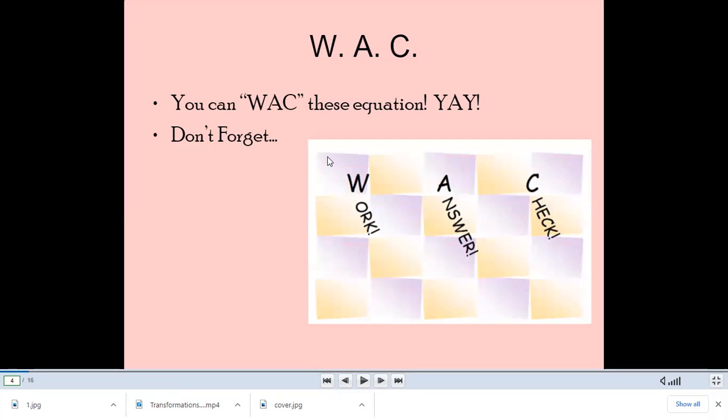W for work, A for answer, C for check. Then to answer any question related to two-step equations or even multi-step equations, you have to use this WAC. Don't forget it. Why? Because W is for work, A for answer, C for check.